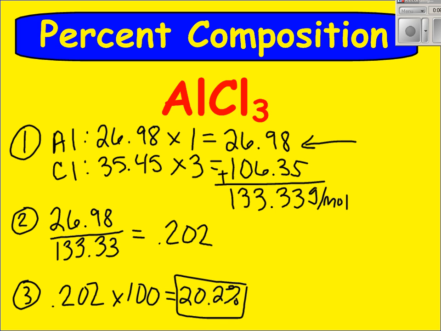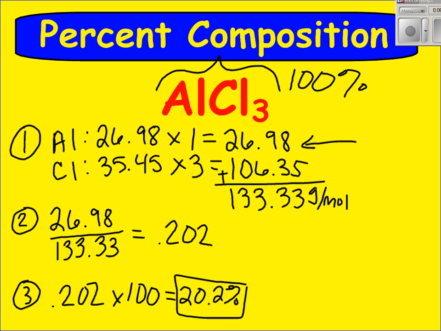Now we have to do the chlorines. The chlorine can be calculated in one of 2 ways. Either we can do what we did in steps 2 and 3 to determine the percentage of chlorine, or we can use this reasoning. We know the total percentage of this compound has to be 100%.